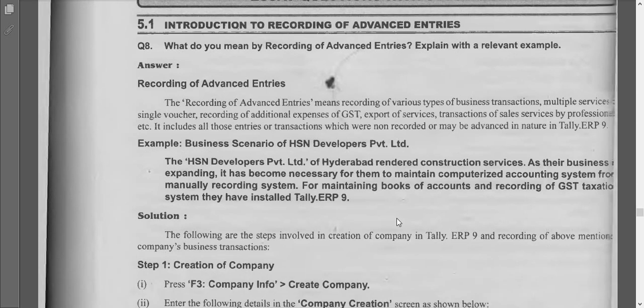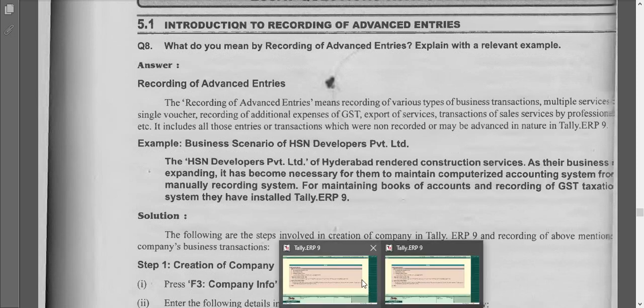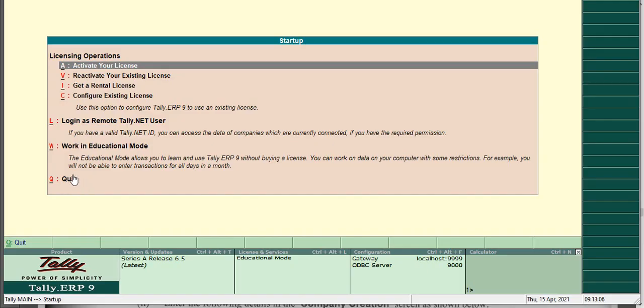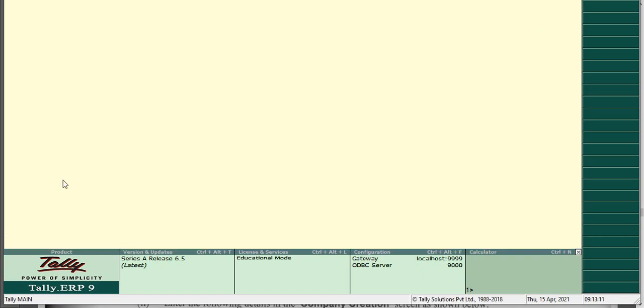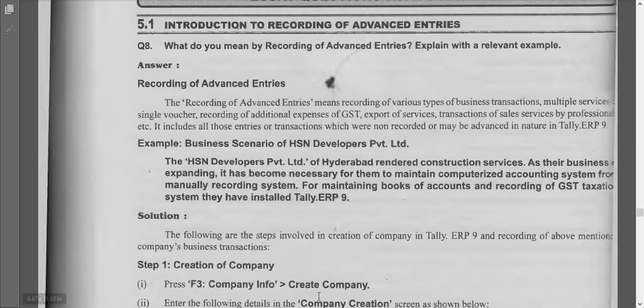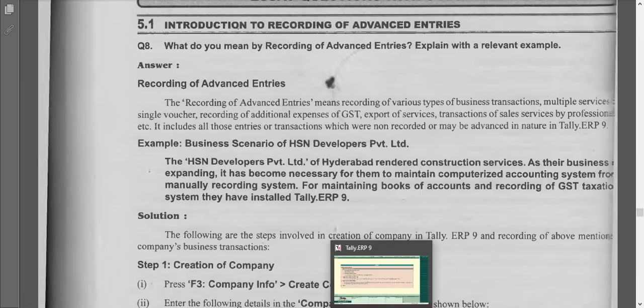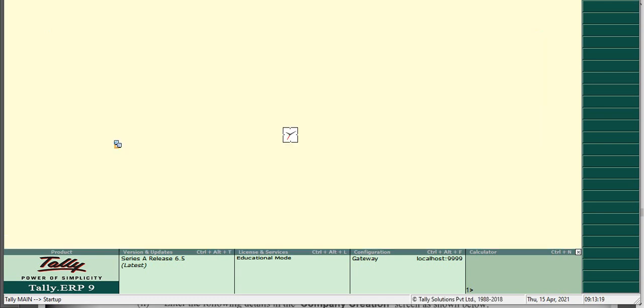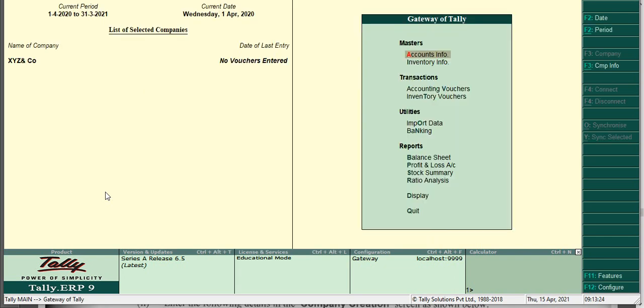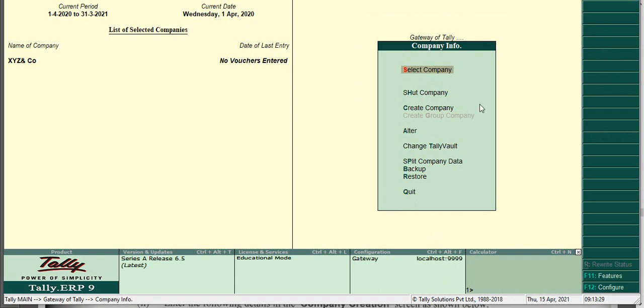And now we are going to create a company for that. The company is HSN Developers. So you just tell me how to create a company. Tell me the steps to create a company.